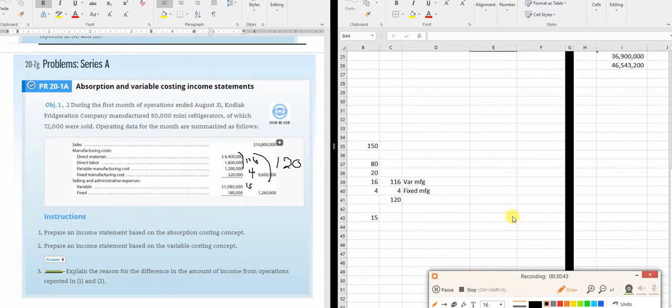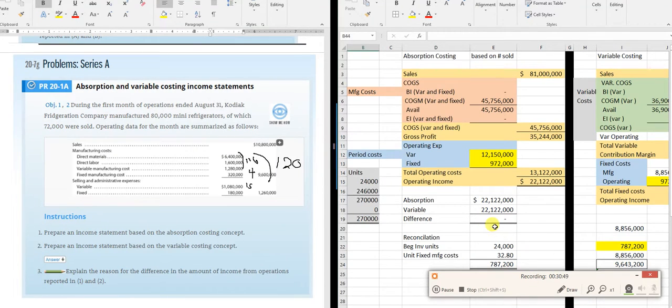Okay, so let's go up here. How many did I manufacture? I manufactured 80,000, and I want to multiply it by my total cost, which is 120. During the period, notice I have no beginning inventory.